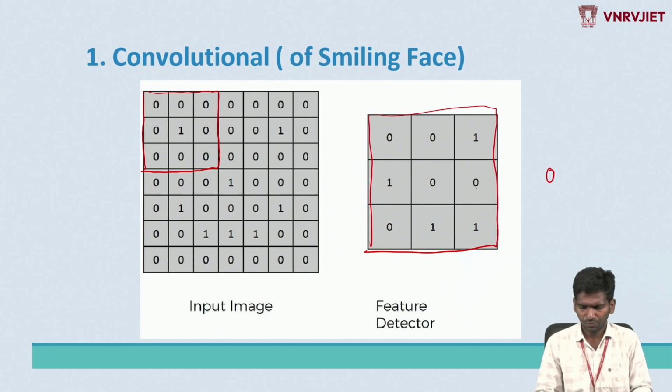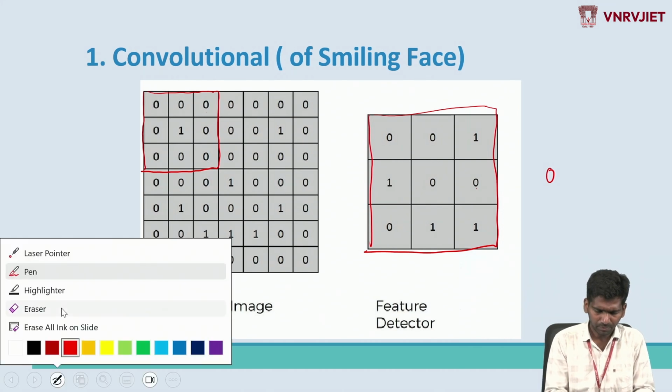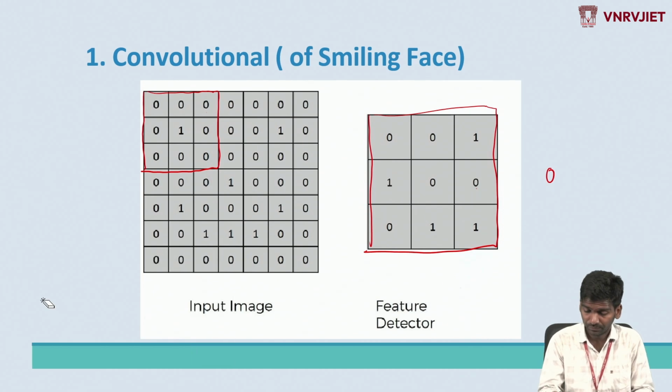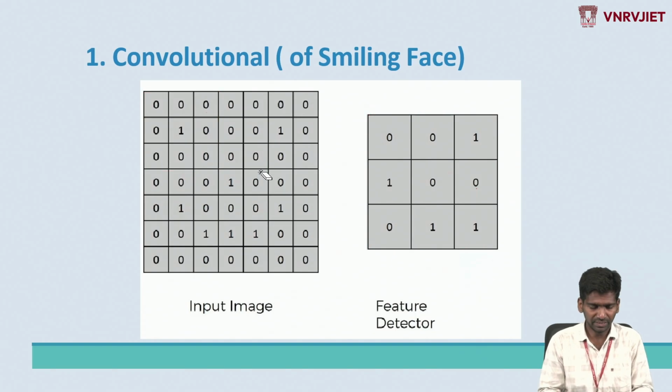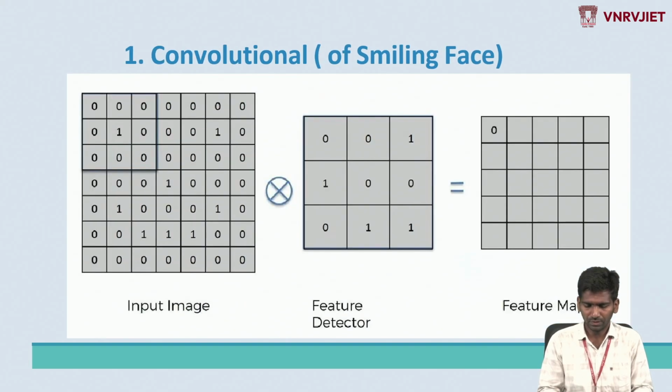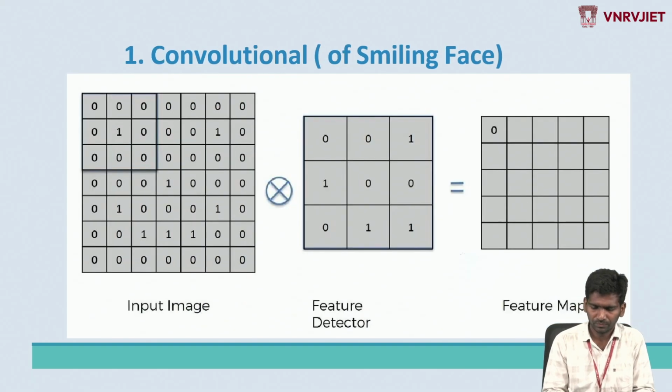Let us calculate by applying it to the remaining ones also. If we apply it to the entire image, what happens, we will see by taking one example. You see here, this is a feature map. After applying this feature detector, I will be collecting the values here.